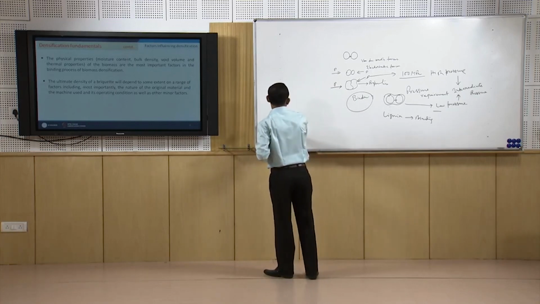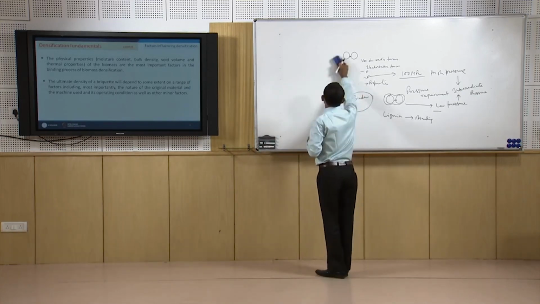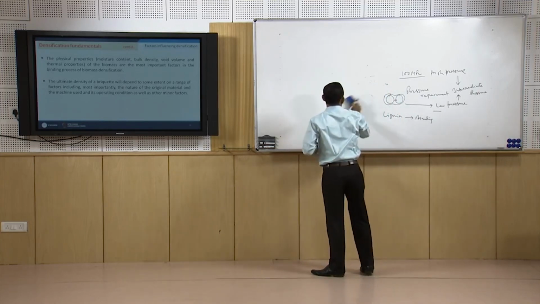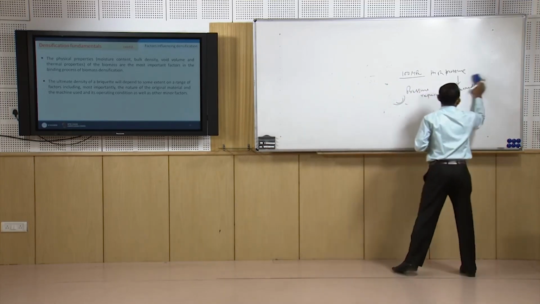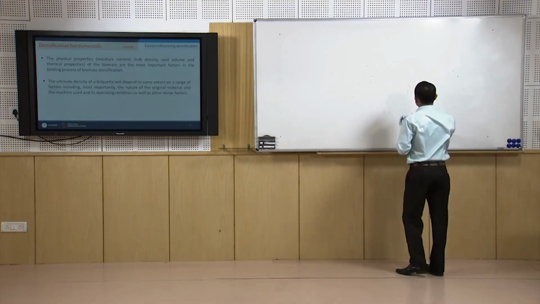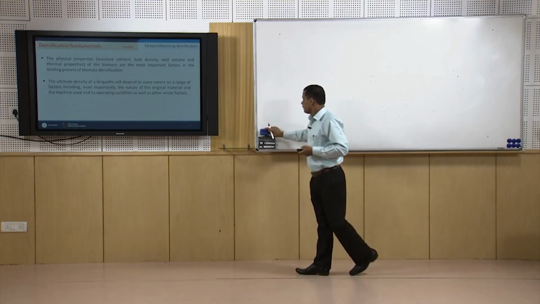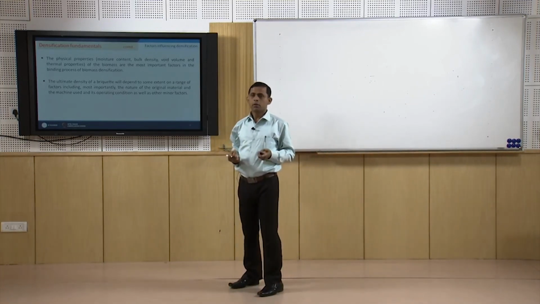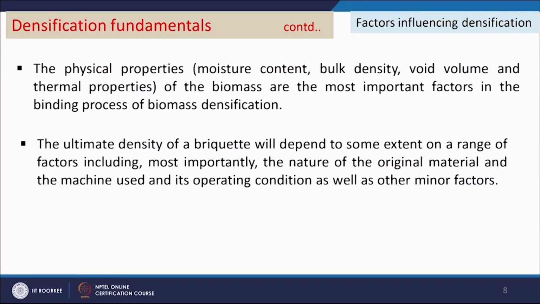Now, there are some factors which influence the performance of the briquetting process. Some important physical properties are the moisture content, the bulk density, the void volume, the temperature and thermal properties.